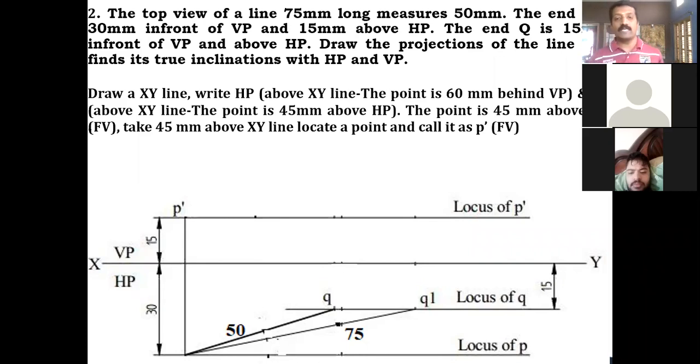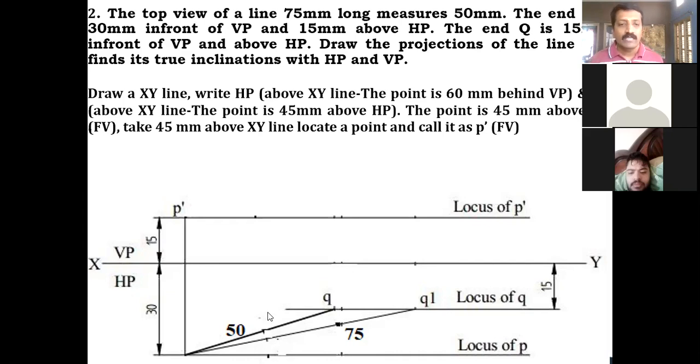So after drawing these loci, let me take the true length. What is the true length he has given? 75 millimeter. So from P as the center and 75 millimeter as the radius, because we know the locus of Q, I'll cut this locus of Q at 75 millimeter and call it Q2 or Q1, whichever name you want.